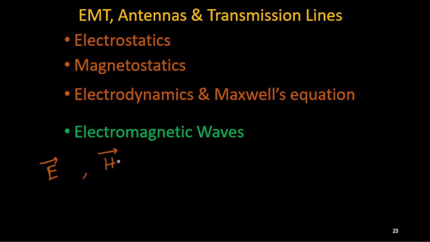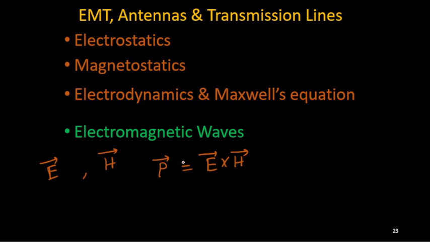Then an electromagnetic wave is generated, and we can show that E cross H is nothing but the Poynting vector. That is the direction of the electric field waves, all those things, and it will also give you the density.